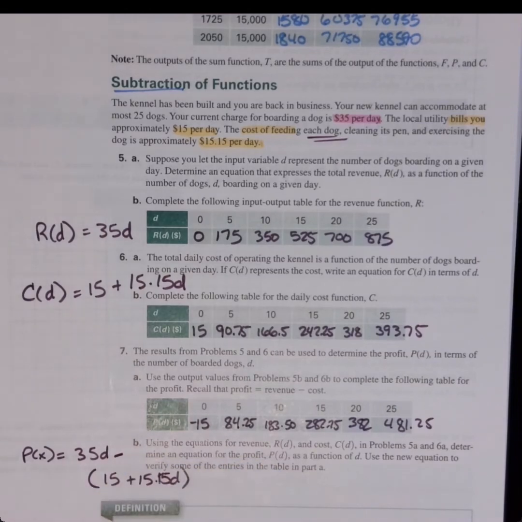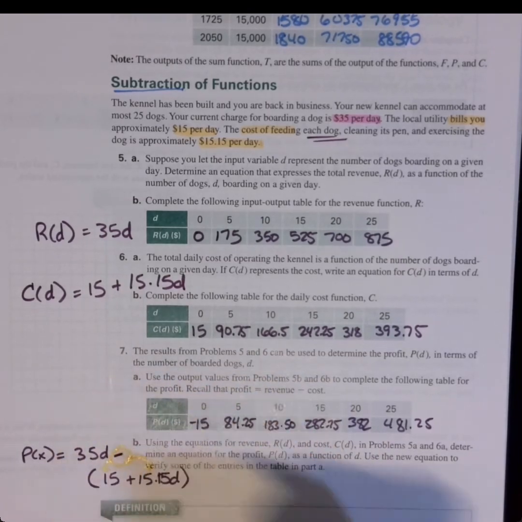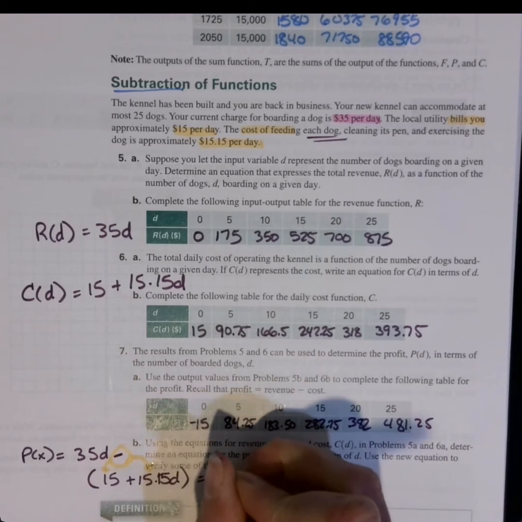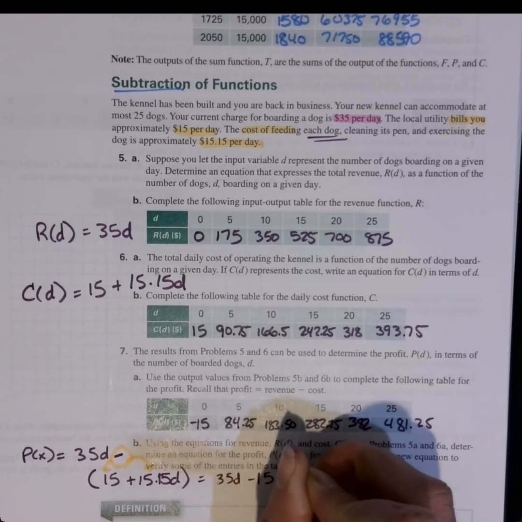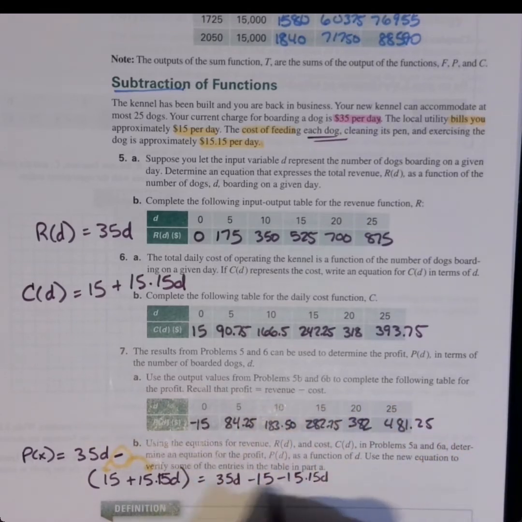Hopefully it's not too weird that I have it on 2 different lines here. But this negative, when I'm subtracting off the cost function, does need to be distributed through the parentheses to both parts. So I'm going to try to sneak this in here. So I would have my 35D minus 15 minus 15.15D. And then I'm going to combine my like terms.